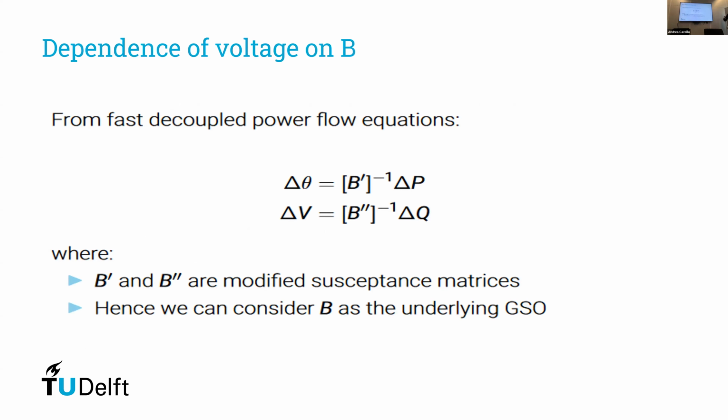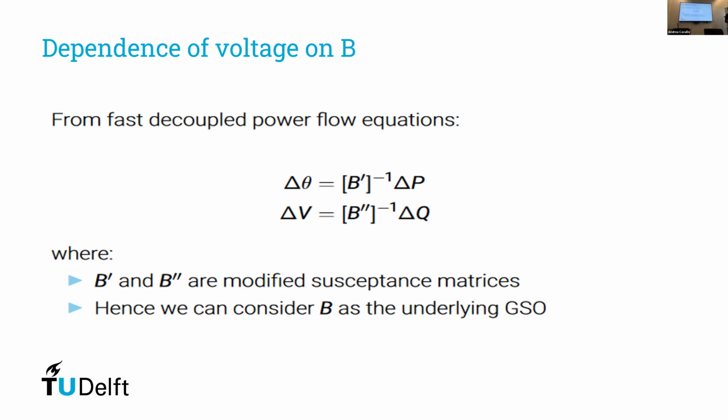And if you think of the dependence of the voltage magnitude, especially on the B matrix, the susceptance matrix of the power network, and if we think of fast decoupled power flow, which is an approximate power flow, the B' and B'' are modified susceptance matrices in the case of fast decoupled power flow.